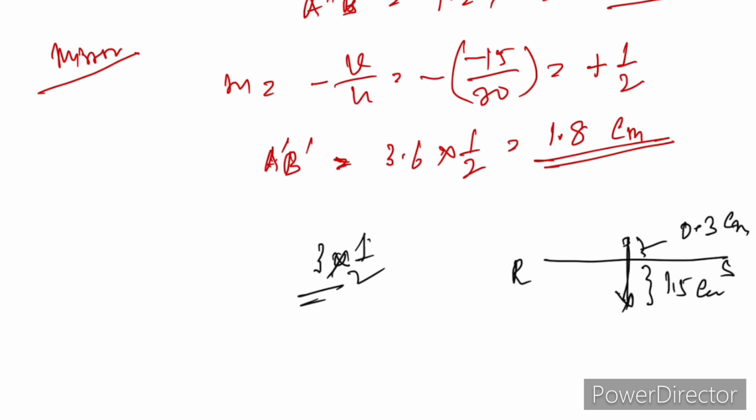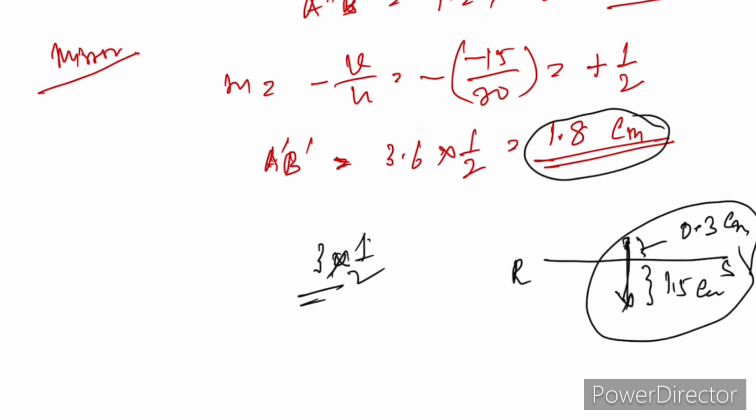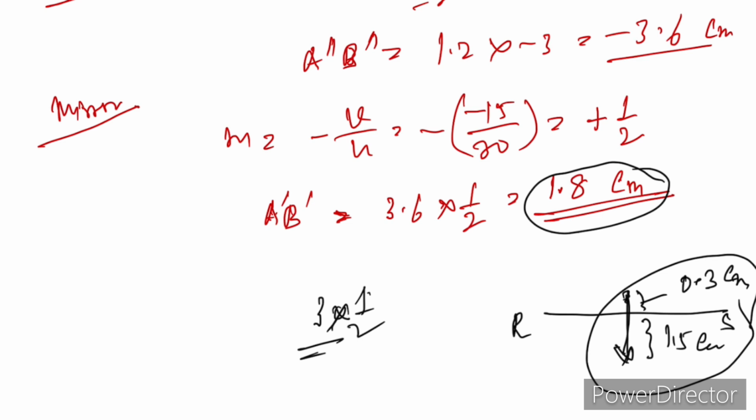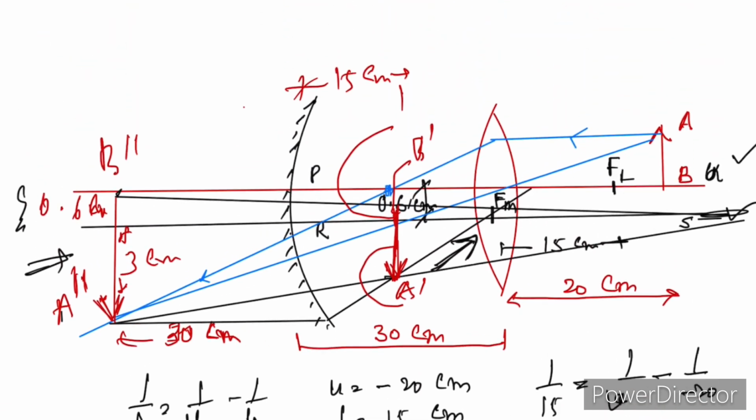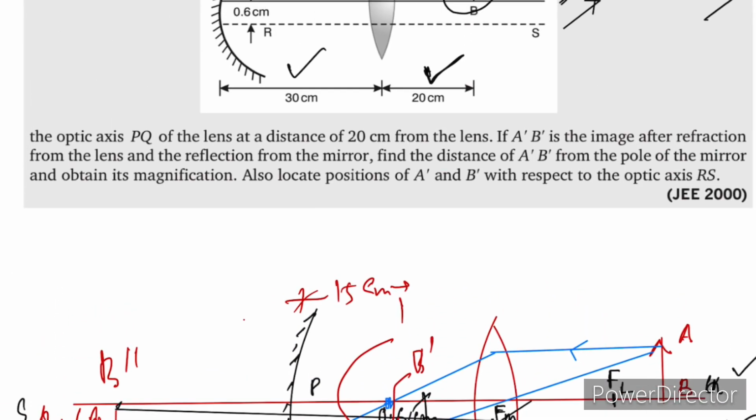So the complete length of the image is 1.8 centimeter. So this is how you can show with the figures how the final image formed by the mirror is located with respect to RS, and this is what has been asked in the question.